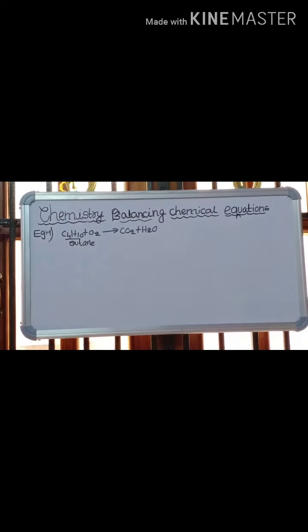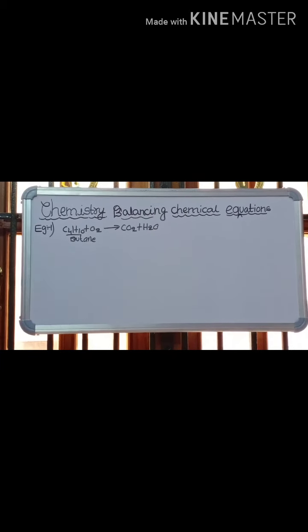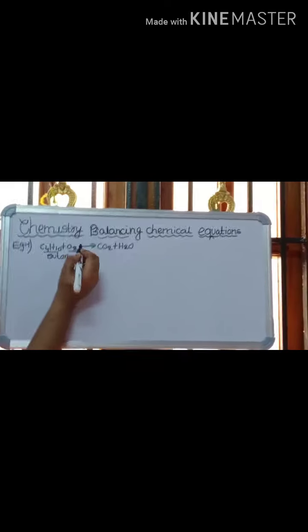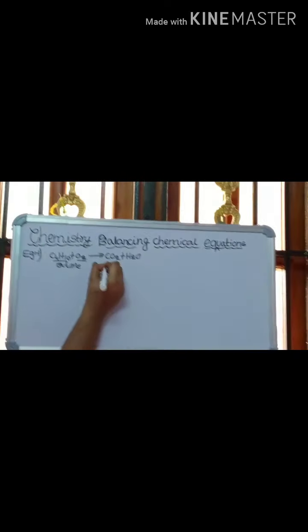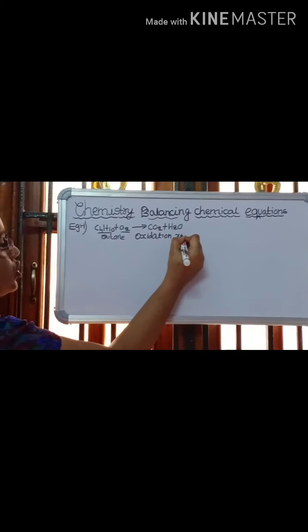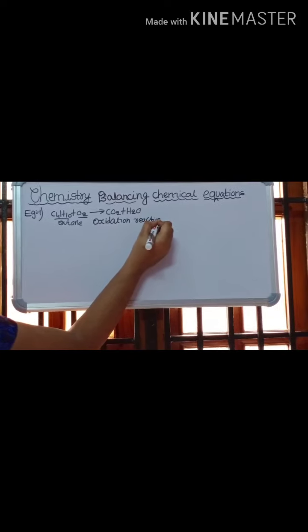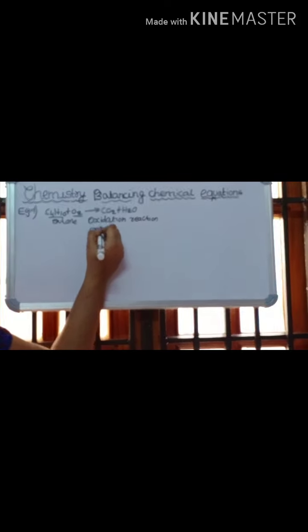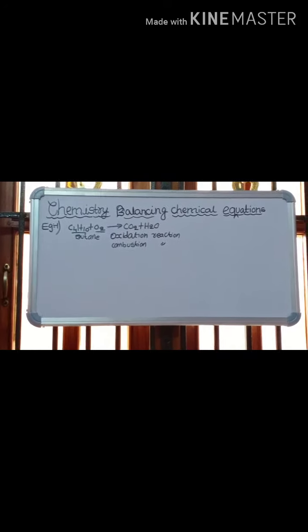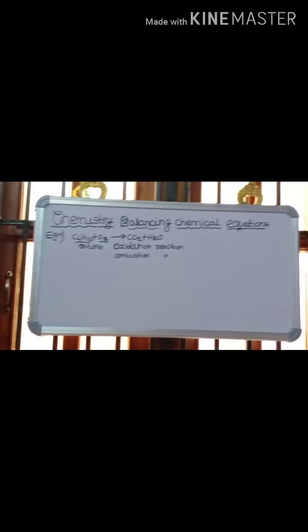If you burn butane in the presence of oxygen, it gives rise to carbon dioxide and water. By applying oxygen, it becomes an oxidation reaction, and it is also a combustion reaction.